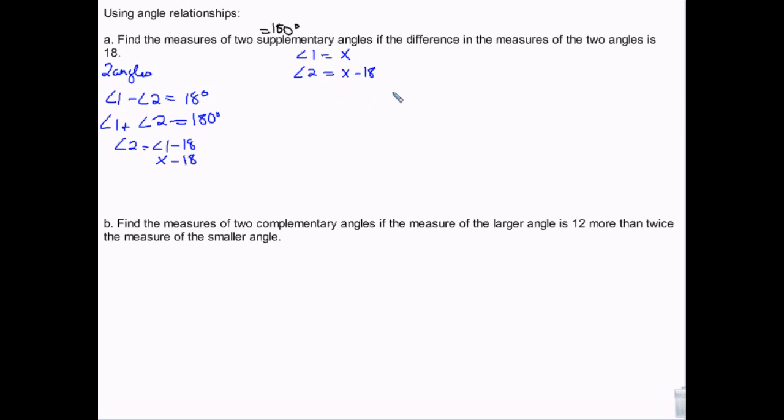Okay. Then I know that these two things are going to add up to 180. So x plus x minus 18 is going to equal 180 because they're supplementary. x plus x, that's two x's.